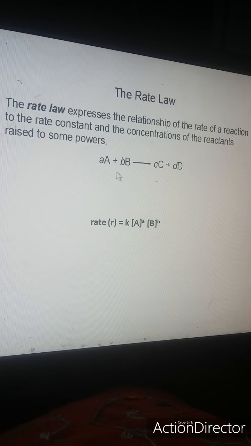Here I am taking a reaction in which a moles of A react with b moles of B to give c moles of C and d moles of D. When we talk about the rate of reaction, the rate will be equal to the rate constant k times the concentrations of reactants A and B raised to powers, where the powers are the number of moles reacting. So this is the rate law equation.